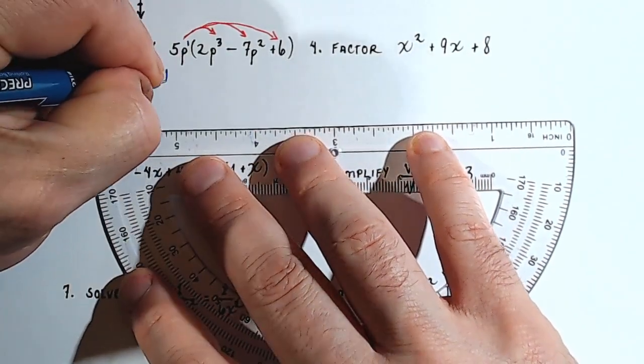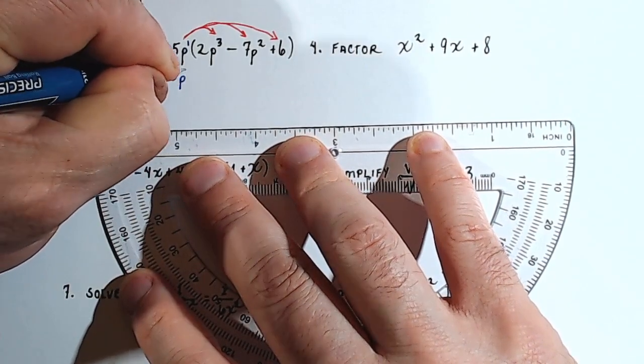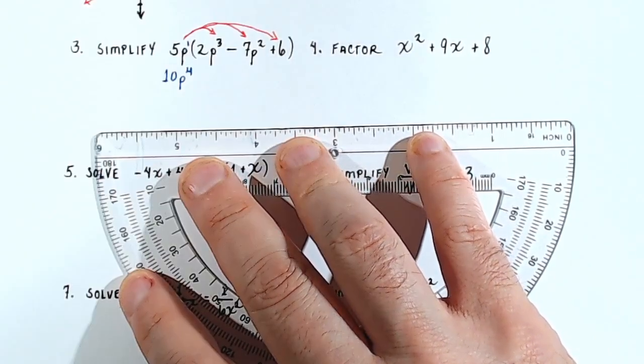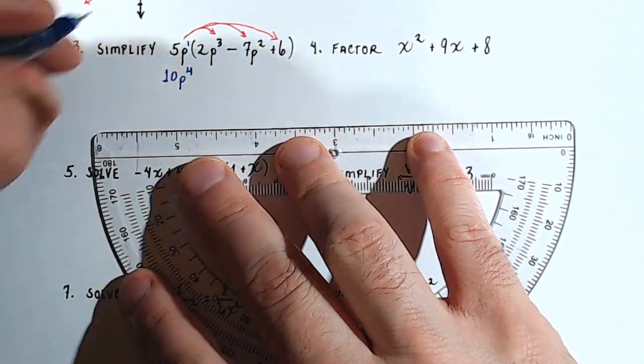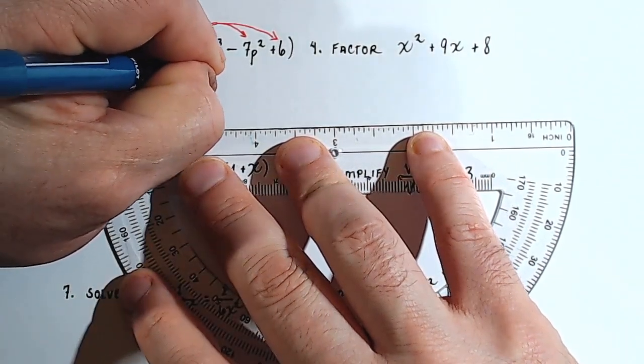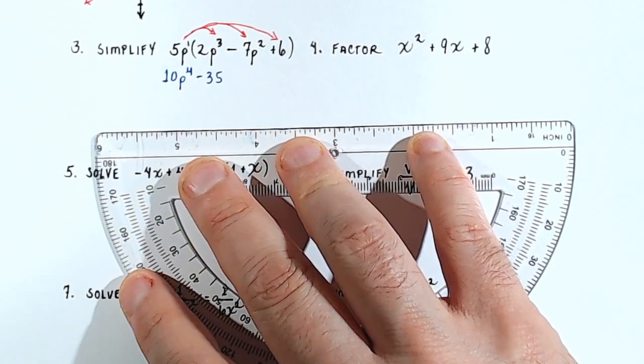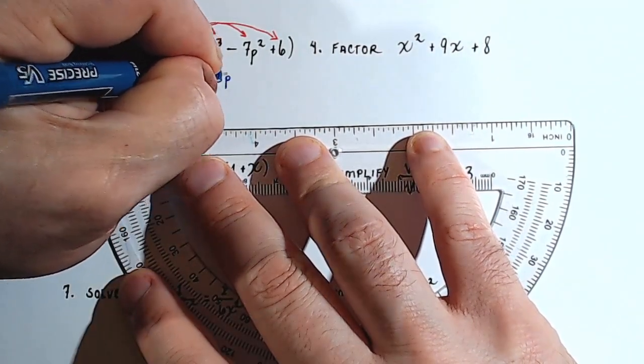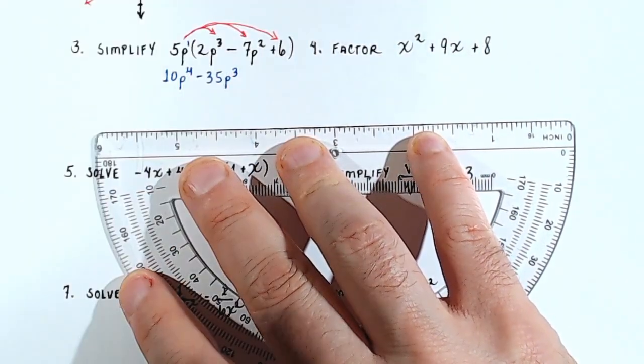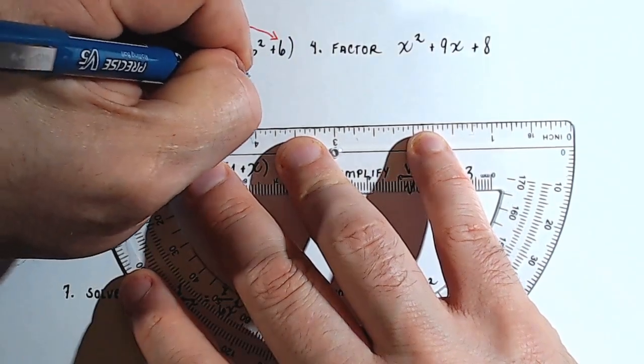So this would be 10p to the 4th. Now 5p times -7p squared is going to be -35, and I'll add the exponents, p to the 3rd. Now 5p times 6 is just plus 30p.